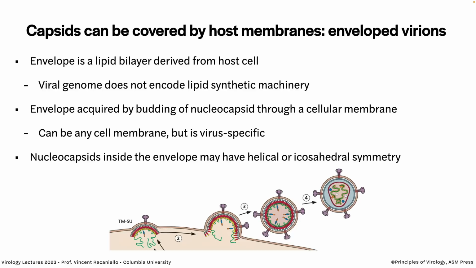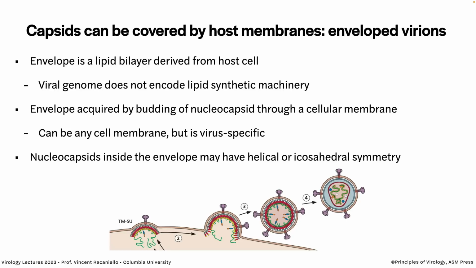All right, finally, capsids can be covered by host membranes, whether they're nucleocapsids or icosahedral capsids. They can be enveloped. The envelope is a lipid bilayer that comes from the host cell, has to come from the host cell because viruses do not encode lipid synthesizing machinery, and it's typically acquired by a process we call budding, where the virus particle forms as membranes.